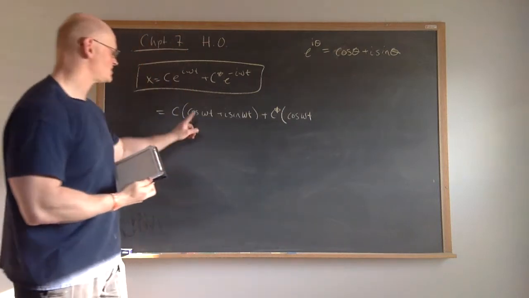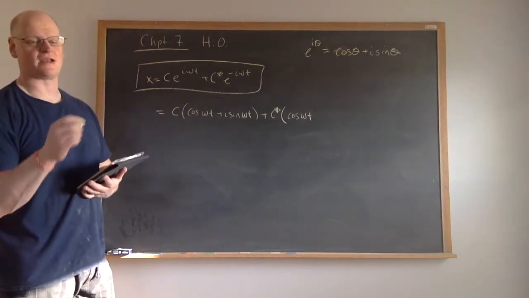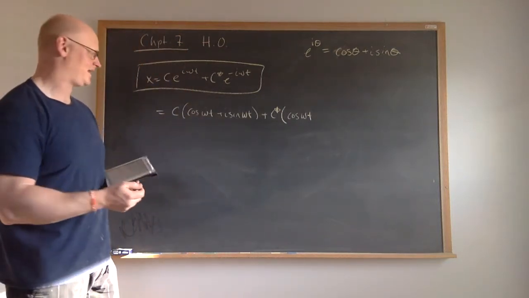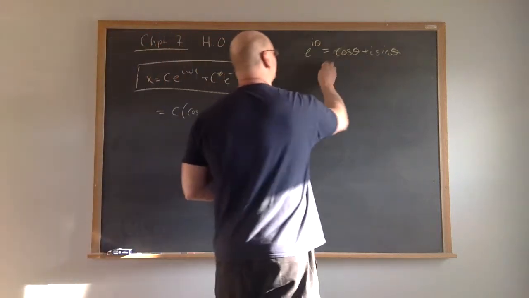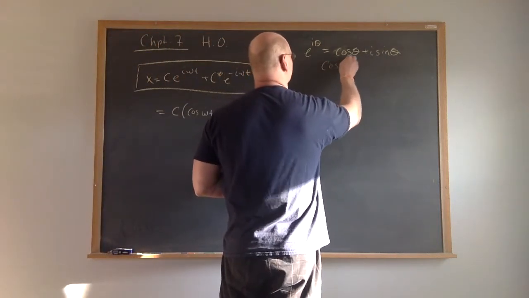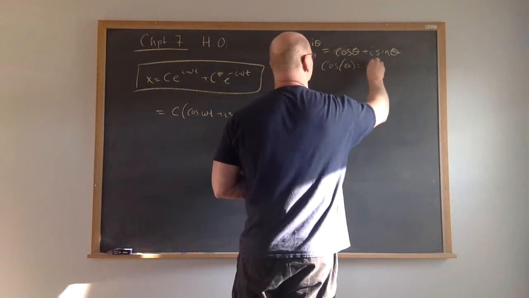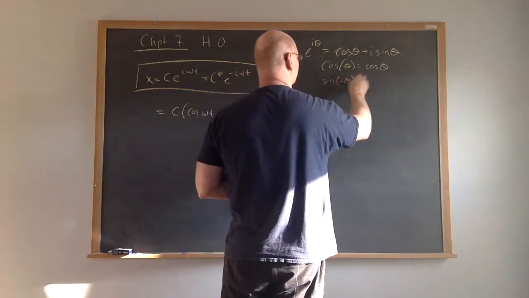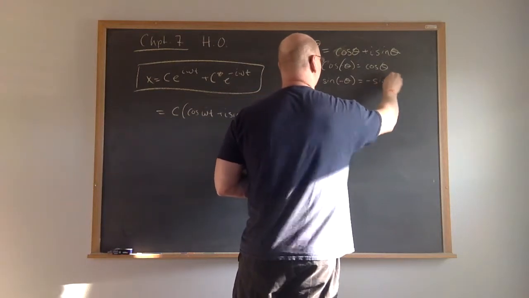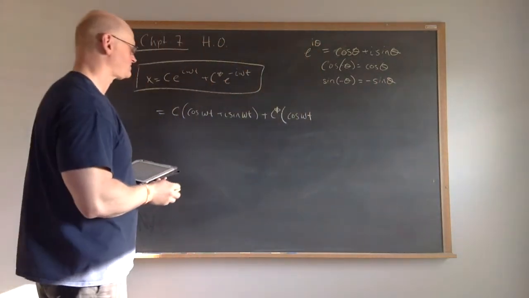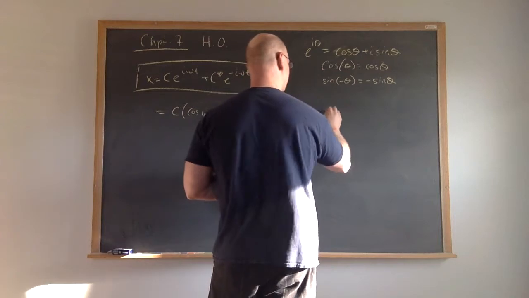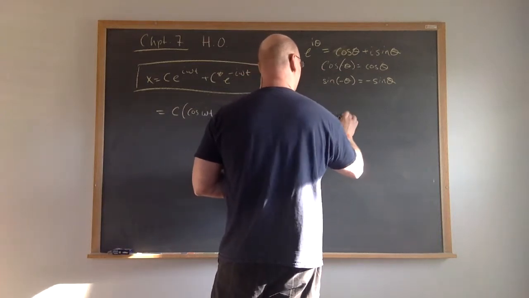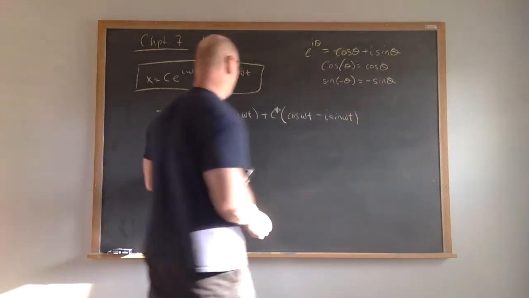Now, cosine stays the same because remember that cosine of a negative angle is the same as cosine of that angle. So cosine of negative theta is still equal to cosine of theta, but sine of a negative angle is equal to negative sine of that angle. So this becomes minus i sine of omega t.